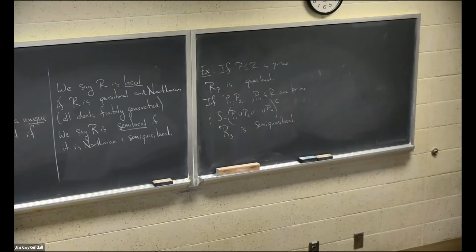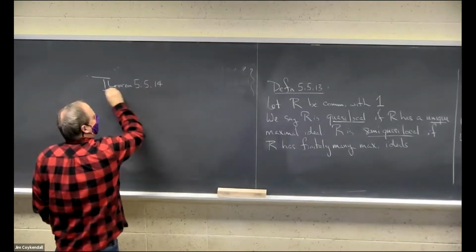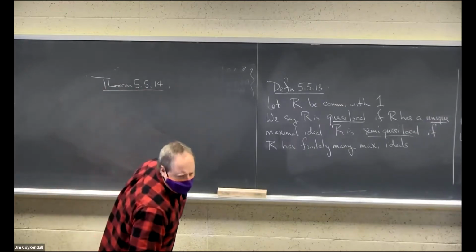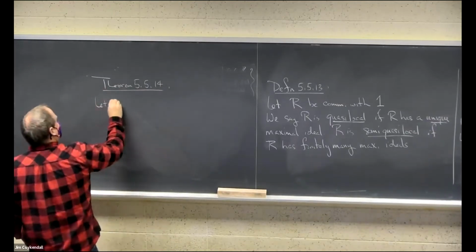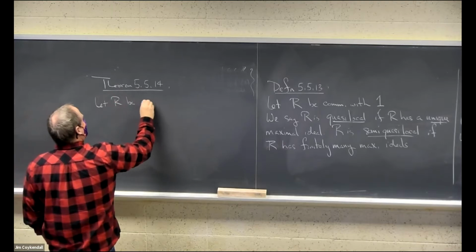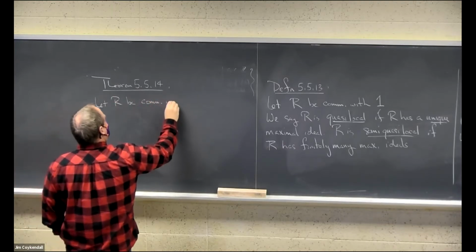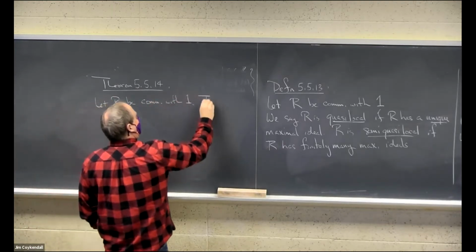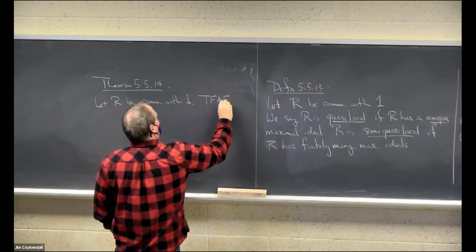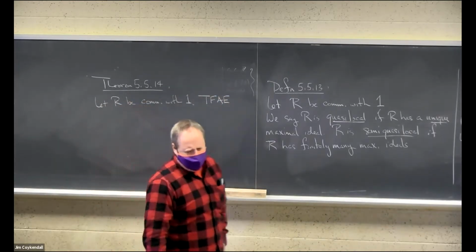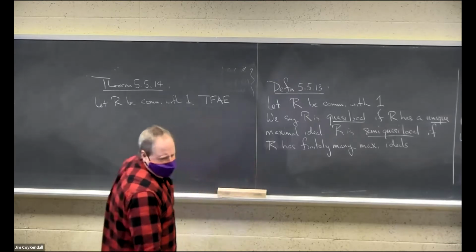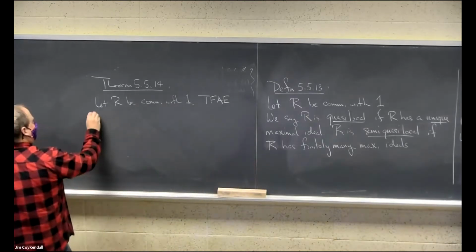Let R be a commutative ring with identity. The following conditions are equivalent. A, R is quasi-local.